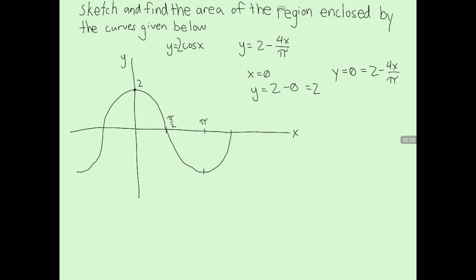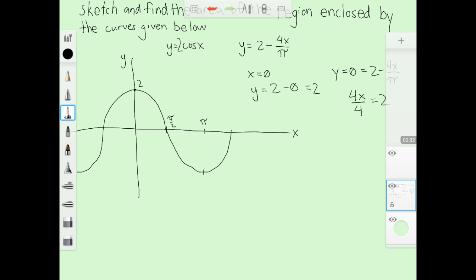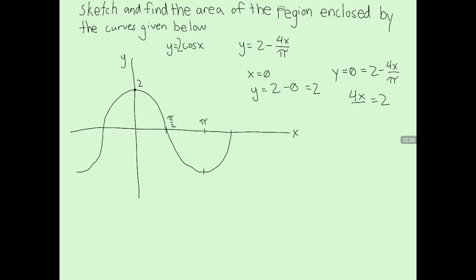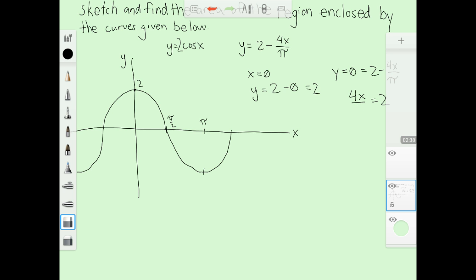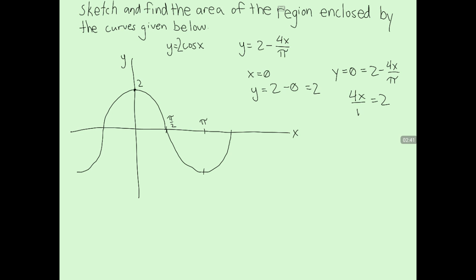Now if we solve, we move this to the other side, we get 4x over pi equals 2. And we know x is equal to 2 over 4 times pi, which is just pi over 2. So if we draw that on our graph, then we have this point.